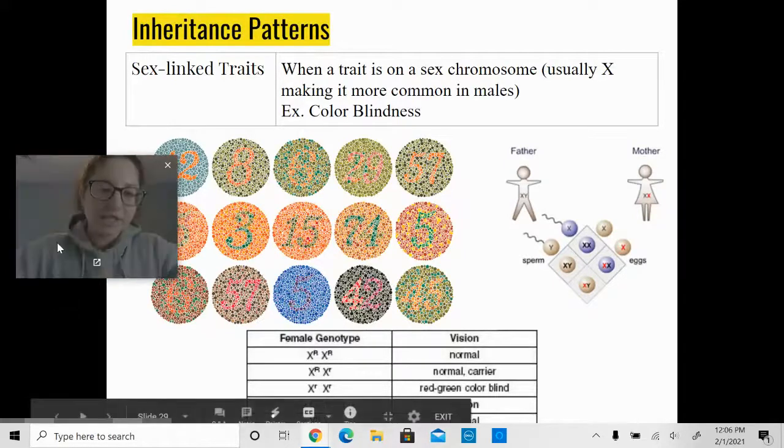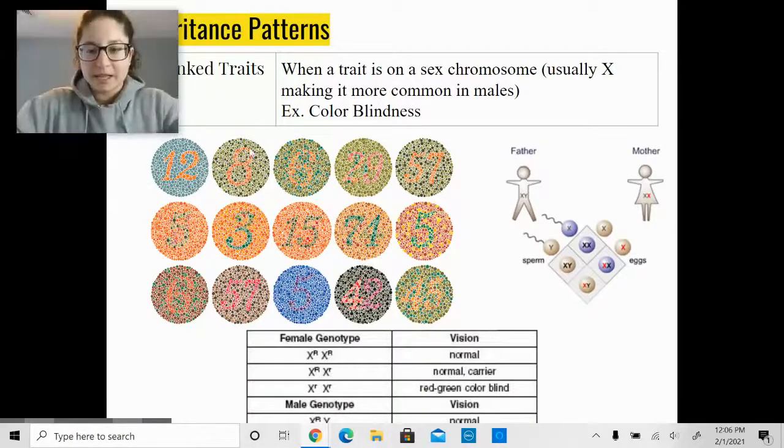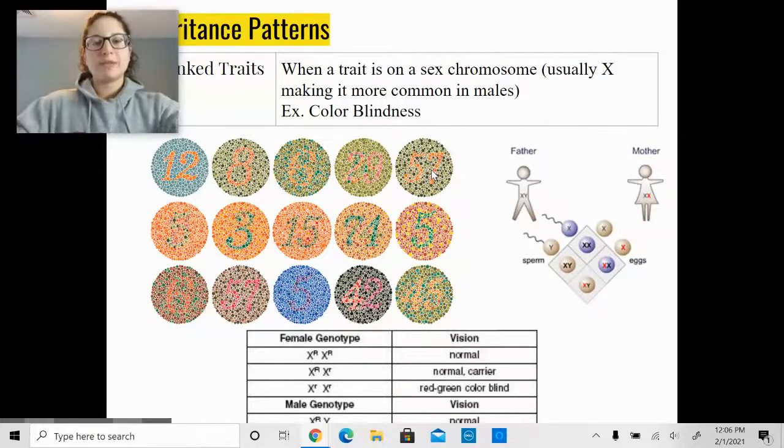So an example of this is color blindness, specifically red-green color blindness. The idea here in this picture is that if you look at these little circles, most of us will be able to see a little number in the middle of each circle. If you're colorblind, you won't be able to see the numbers. So if you're colorblind, this means you're missing receptors in your eyeballs that pick up red and green.